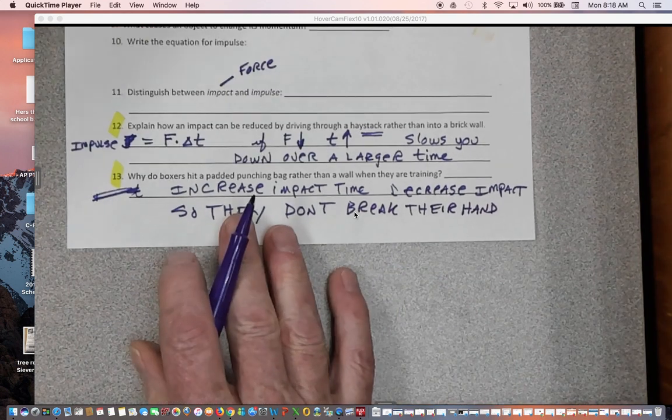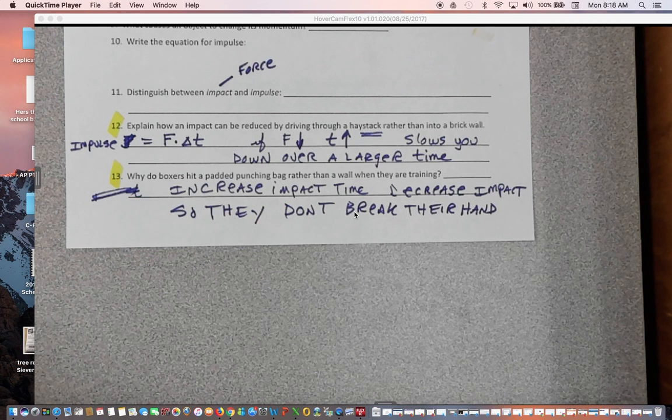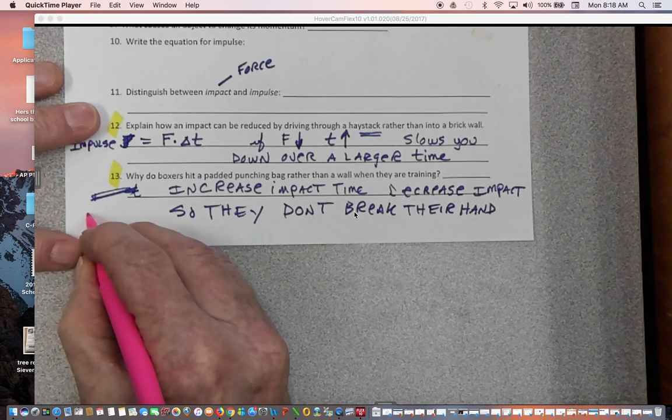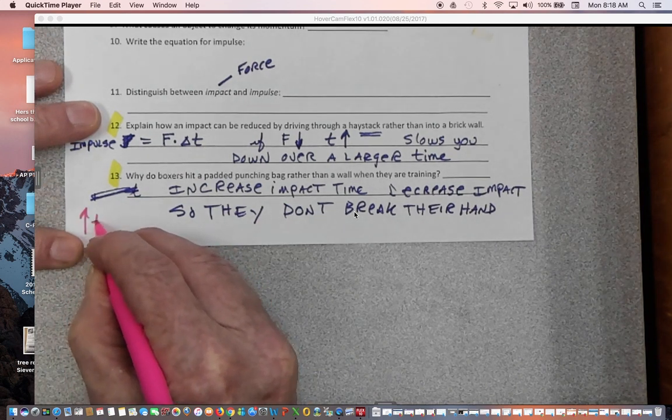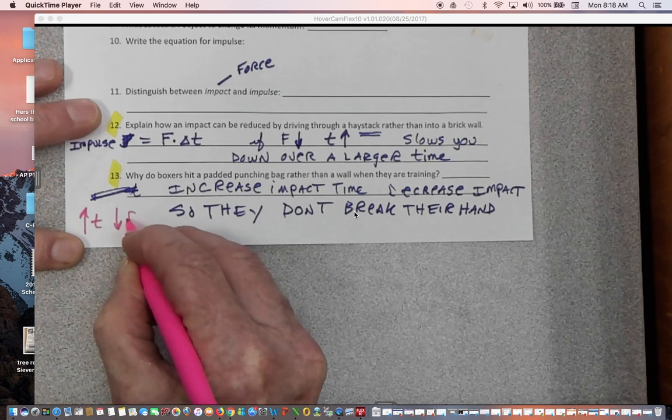Again, what they're doing is they're increasing time so that force decreases.